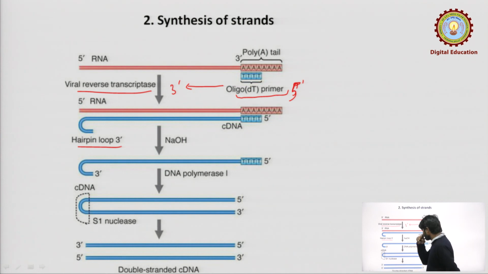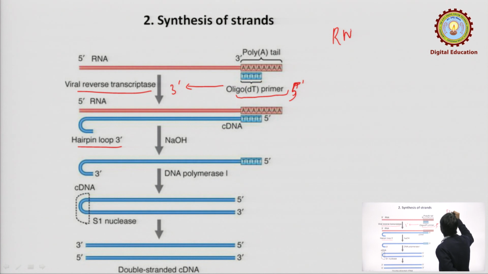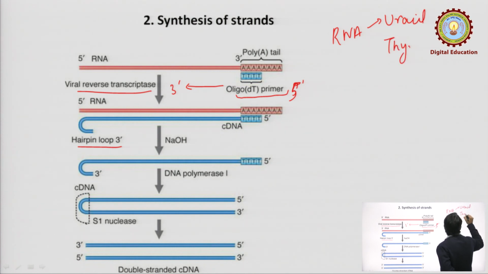So, now as we know, what does RNA contain? RNA contains uracil instead of thymine, but DNA contains thymine.